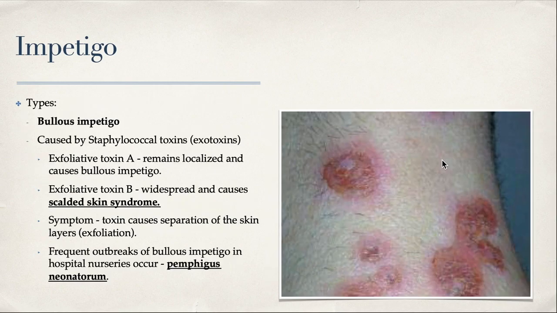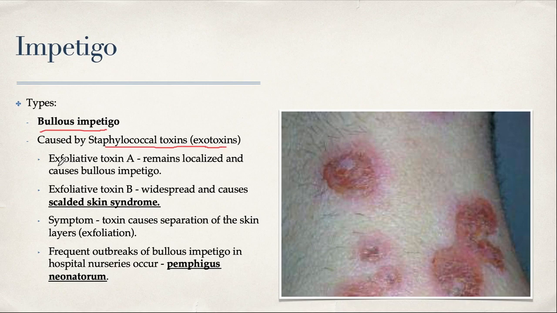Then you have the bullous impetigo. The bullous impetigos are caused by the Staphylococcus toxins, the exotoxins produced by Staphylococcus aureus. Okay, and these toxins are described as exfoliative, mainly because they cause a separation of some of the skin tissues.